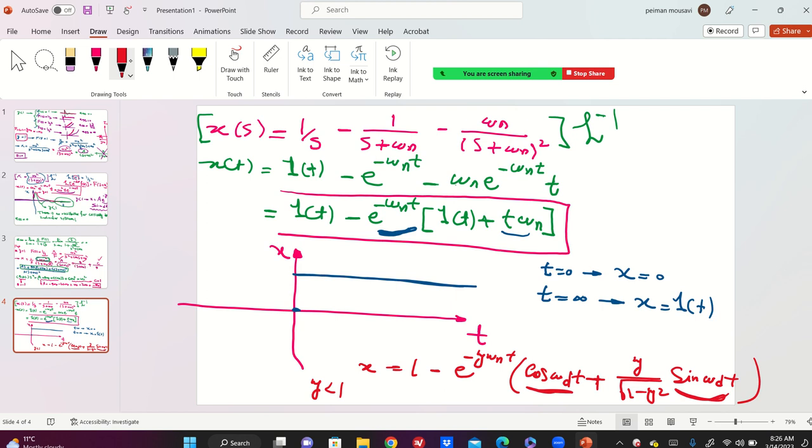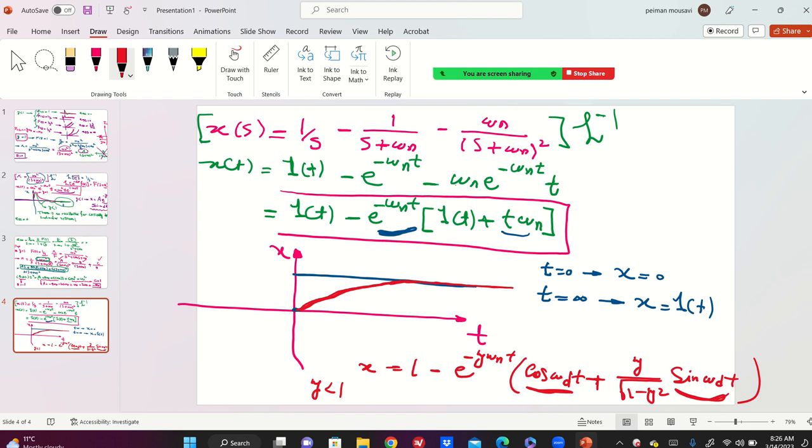But here, we have no harmonic term. So for a critically damped system, you never have oscillation. This goes like the first order system.